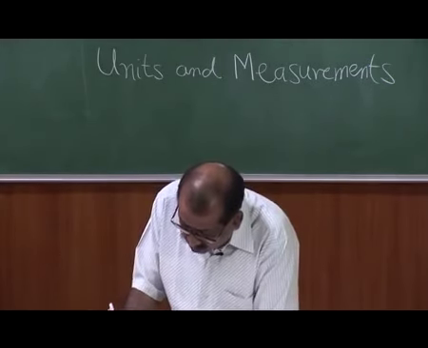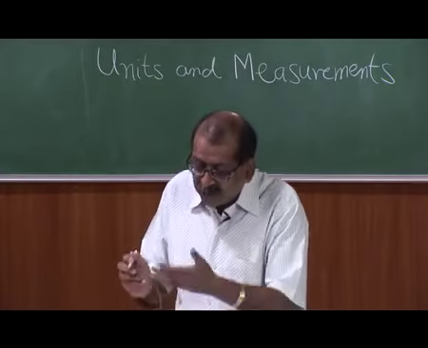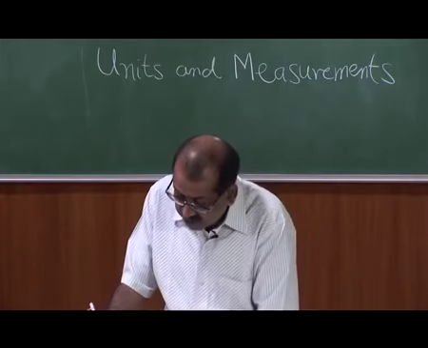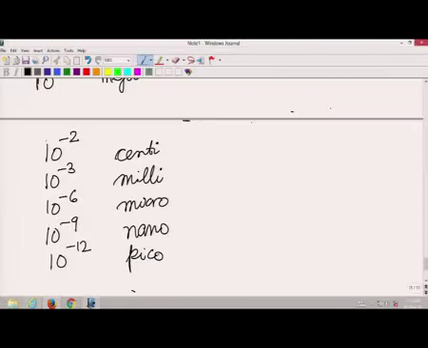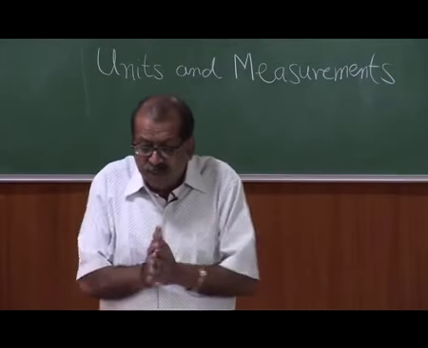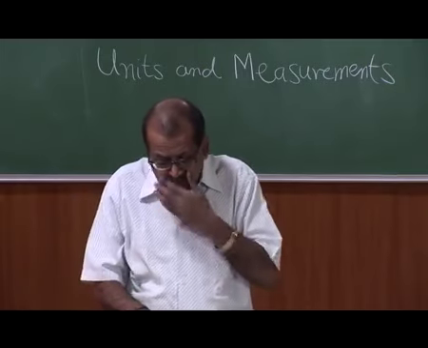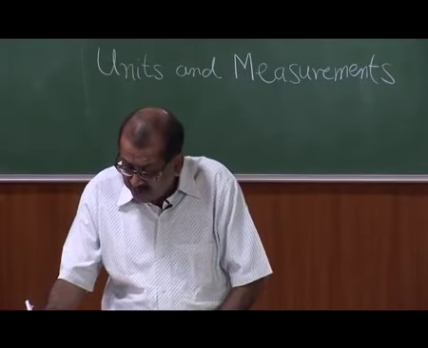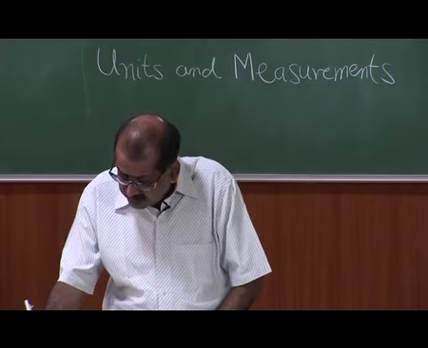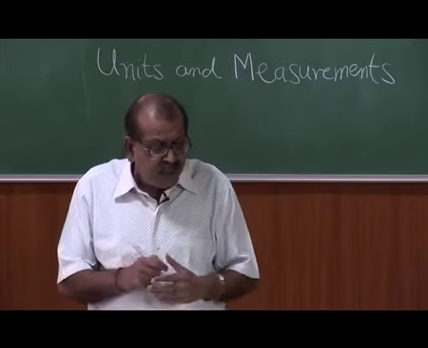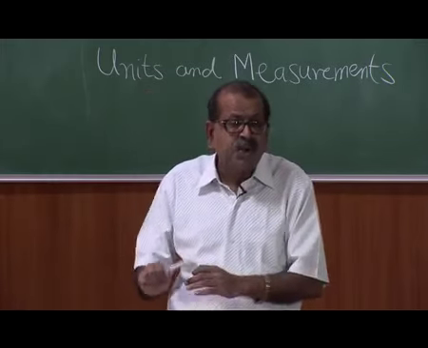And another commonly used smaller prefix is 10 to the power of minus 12, which is pico. So, these are some standard prefixes which are used, and you could encounter these in different problems. So, you should be familiar with them. Now, having seen this, let us move on to measurement of length.